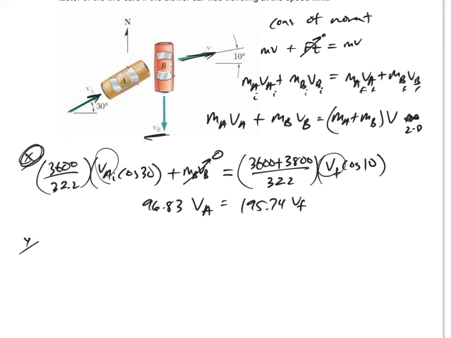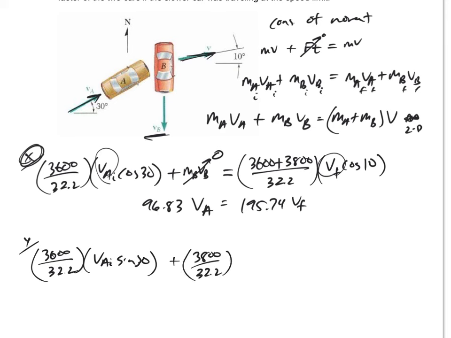The y equation. The mass of A times the velocity of A. I don't know it, but I know the sine 30 would be the component in the y direction. And now I've got the mass of B, 3,800 divided by 32.2, times the velocity of B. I don't know it, but I know all of it is in the negative y direction.